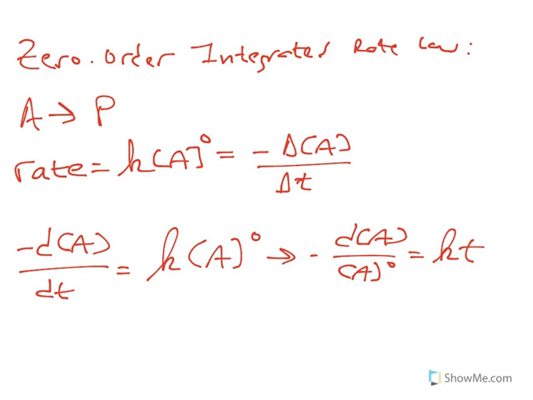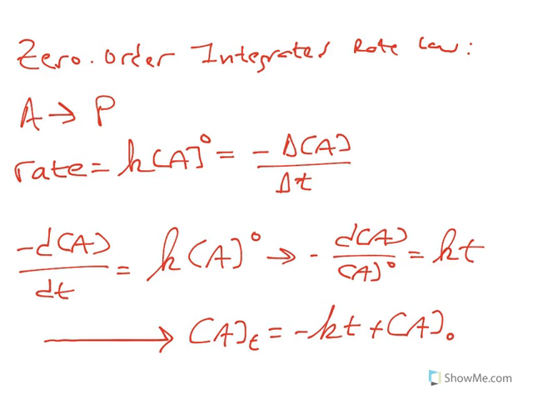And using calculus, we can integrate that equation, and what we will be getting out of that will be the 0th order integrated rate law, which looks like the following. So there she is.